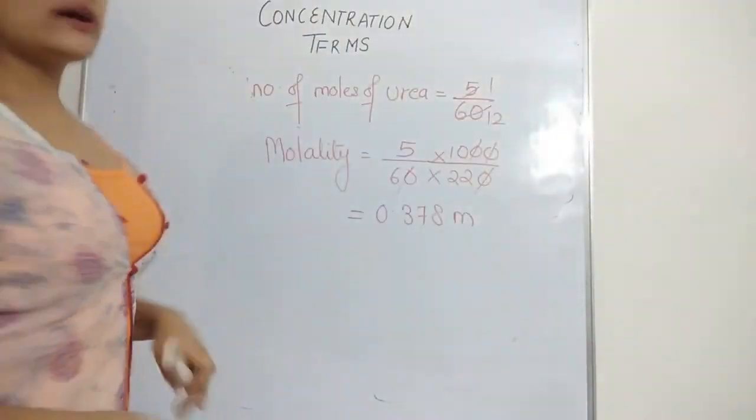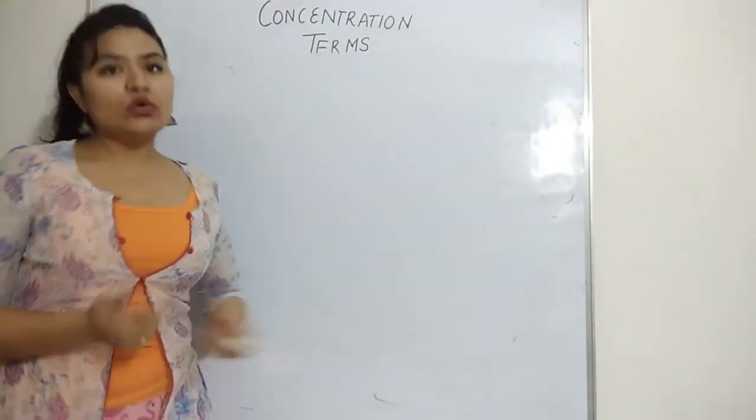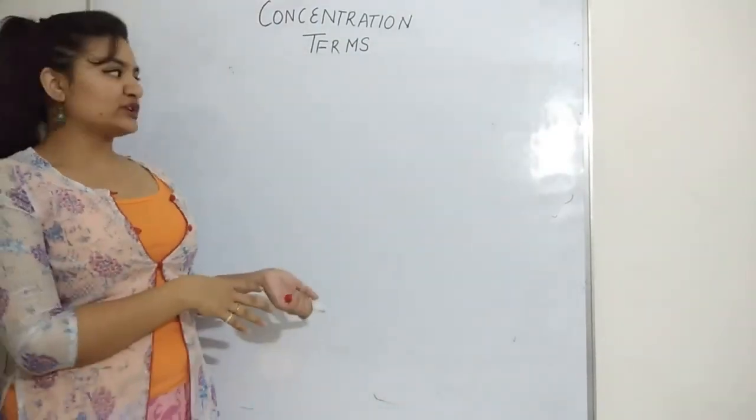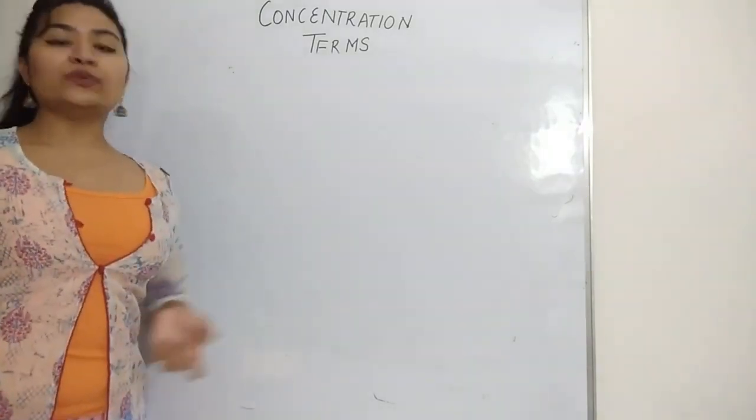Now let's do another type of question. I told you that these can be correlated also. So you have a question right now over here. Calculate the molality m of 3M solution of NaCl whose density is 1.25 gram per ml. Now over here you are given density also.